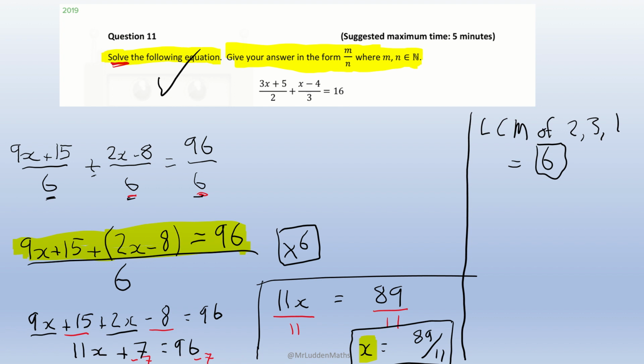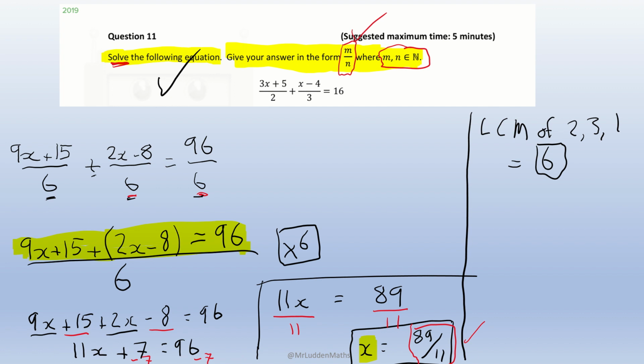This here is like your terms and conditions, so we're just going to make sure that we've stayed within the terms and conditions. Do we have our answer as m all over n? If you look at our answer down here, it's written as a fraction, m all over n. That's good. So tick.